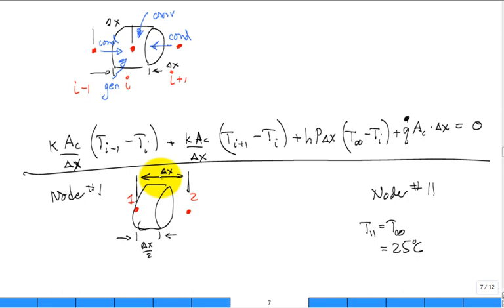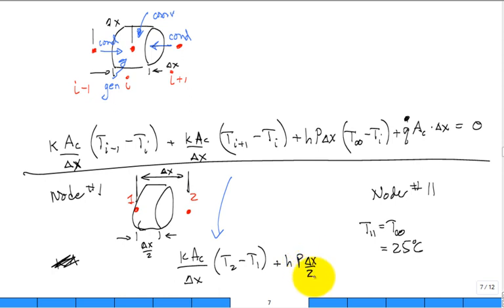Okay, now, so when we write our energy balance, we'll have K times, well, let me do it over here. I'll have K A sub C divided by delta X times T2 minus T1. That's kind of parallel with that one. And then I'll have H P delta X divided by 2 times T infinity minus T1.